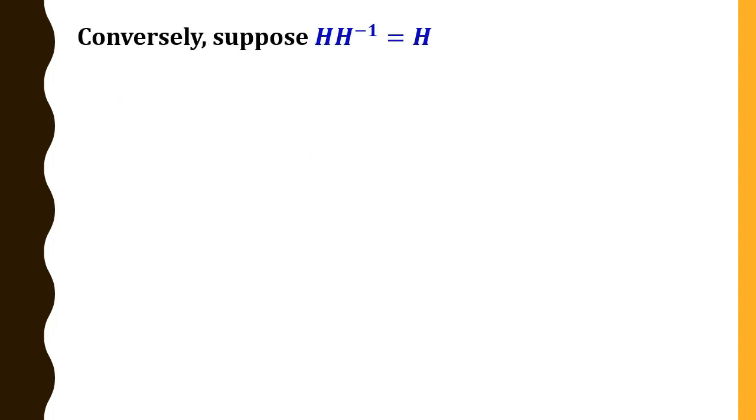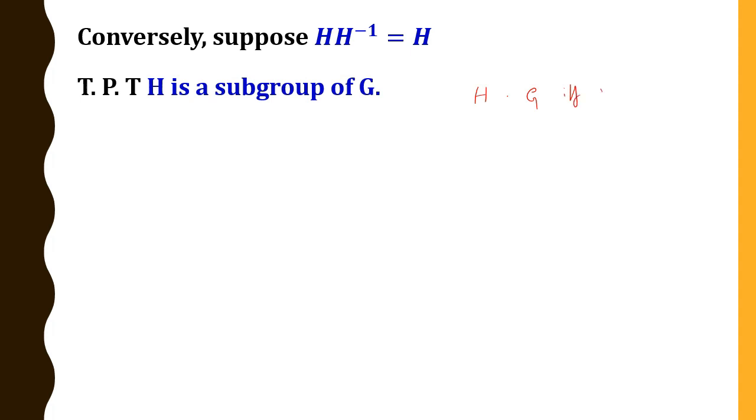Next, conversely, we shall assume that HH inverse is equal to H, and our aim is to prove that H is a subgroup of G. So now we shall use the criteria. What is that criteria? That is theorem 2: a non-empty subset H is a subgroup of G if and only if for all a, b belonging to H, a star b inverse, or ab inverse, belongs to H. Now we shall use this concept.